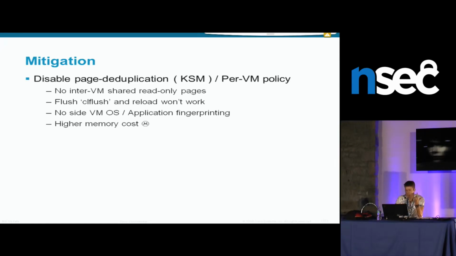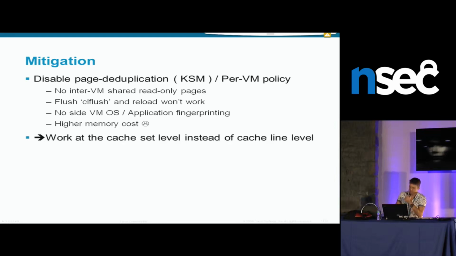So your flush and reload won't work, not for free at least. And then you won't be able to do OS and application fingerprinting, but you will suffer higher memory costs for that. As for my stuff, if someone does that, I'll say, okay, forget KSM, we will work at the cache set level instead. So I don't need page dedup.